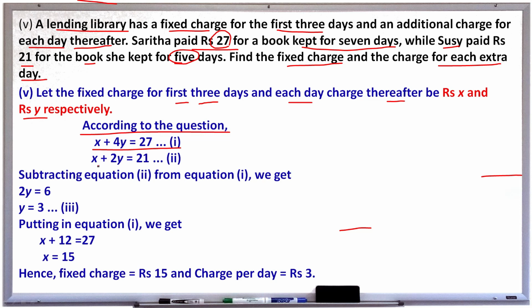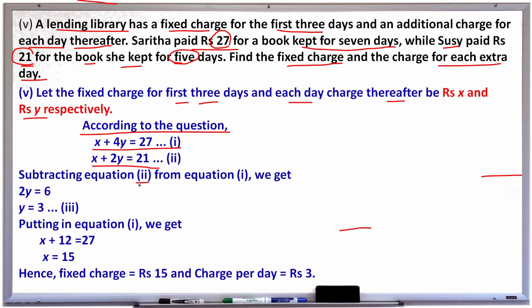So x plus 2y as per the question, x plus 2y is equal to 21. These two equations we are getting because for the 21 rupees for the book she kept for 5 days. So x plus 2y is equal to 21.